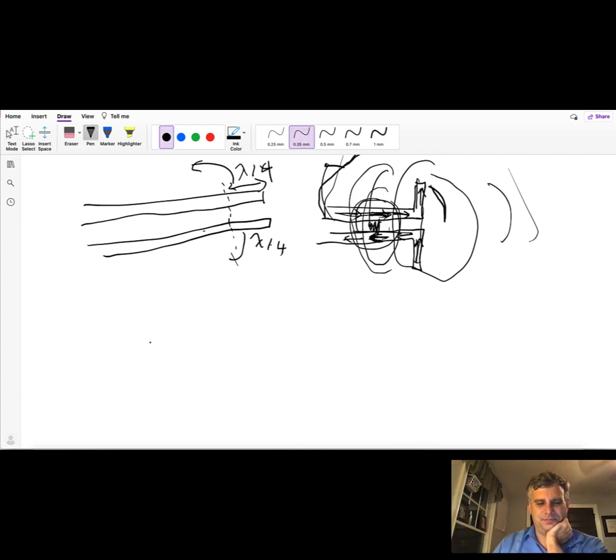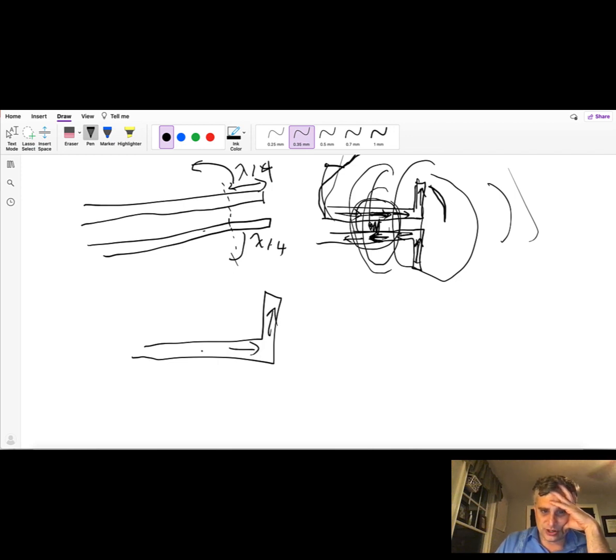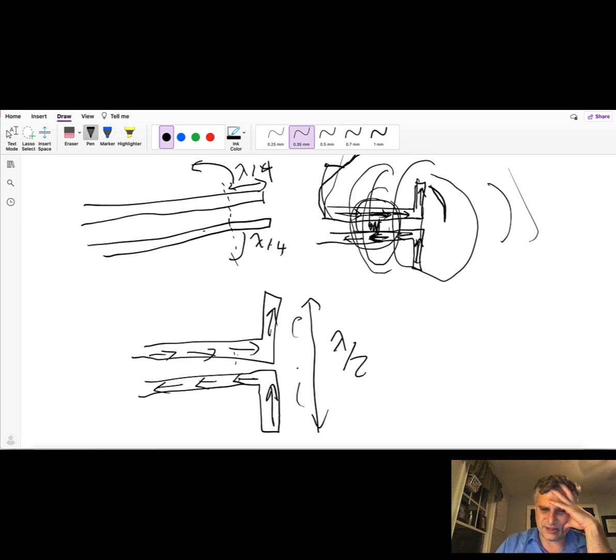Now, what does that distribution of current look like? I just take whatever I did for the open circuit and I just map it onto this new distorted structure. So I assume that there's very little distance between my top and bottom bar, such that this whole length is now lambda over 2. Lambda over 4 segment here, lambda over 4 segment here.